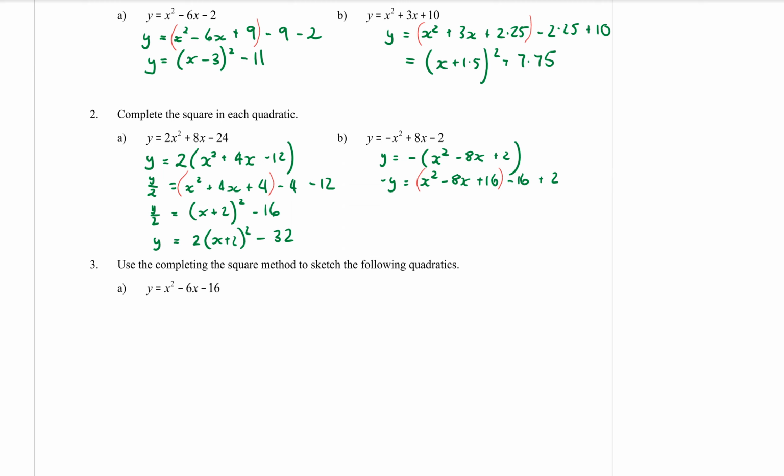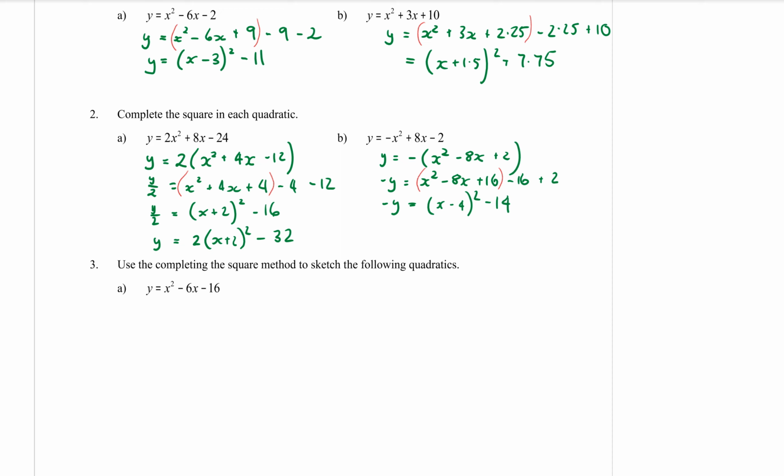I still have minus y on the left. In the red brackets, half of that minus 8 is minus 4. So it will be x minus 4 in brackets squared. The last 2 numbers on the end, minus 16 plus 2, is negative 14. Okay? Only thing left to do is we want the y by itself again.